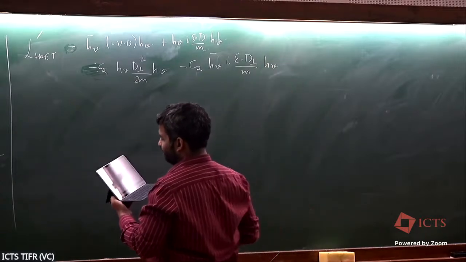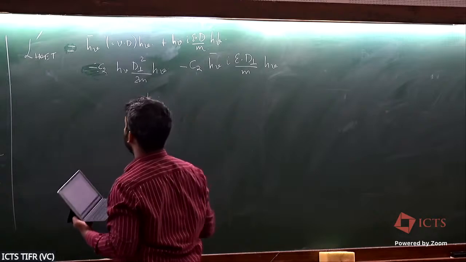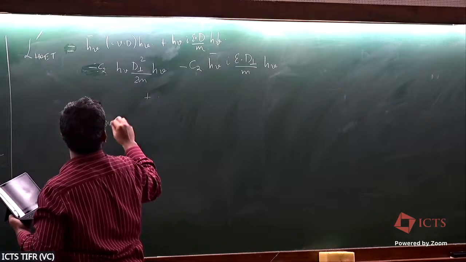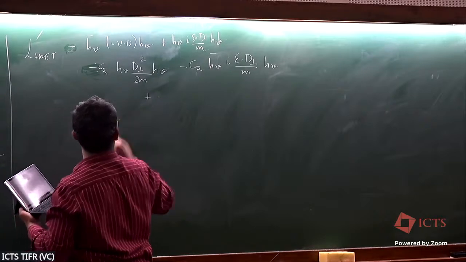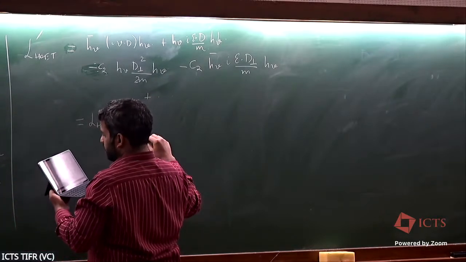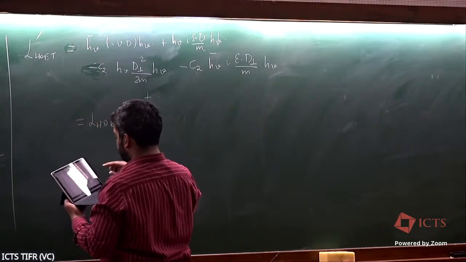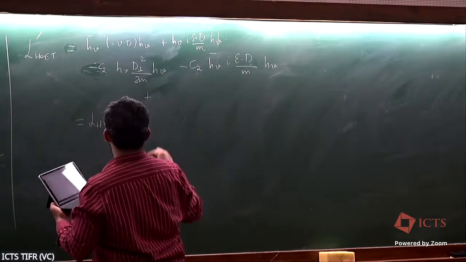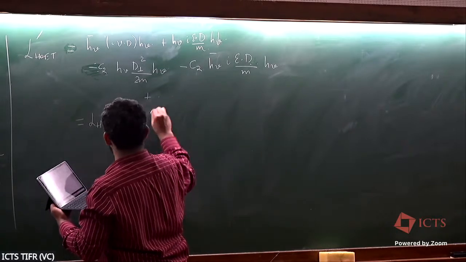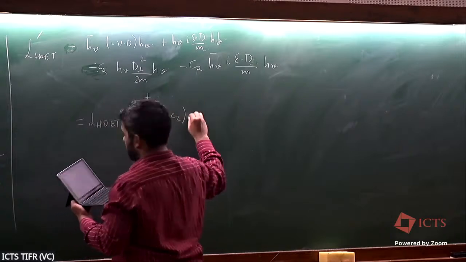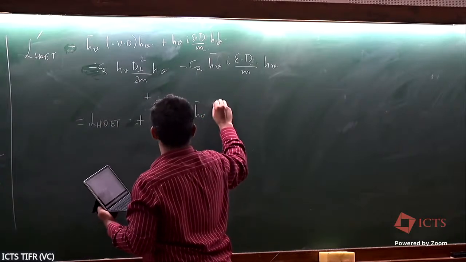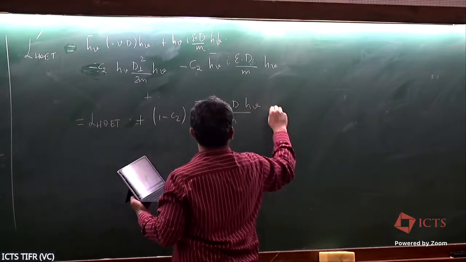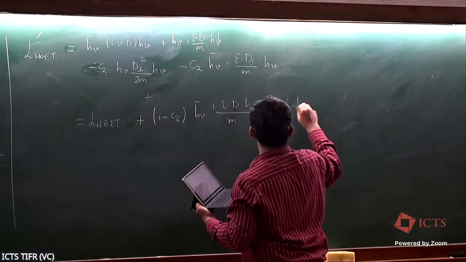And let's not go to the higher order terms. So this is my usual HQET Lagrangian, except I get a correction, which is 1 minus C2, plus order 1 over m squared.